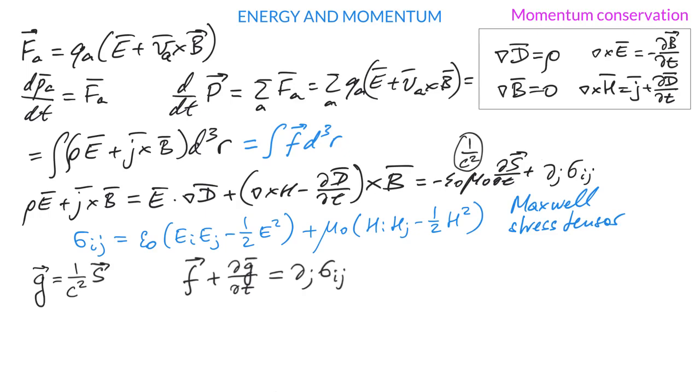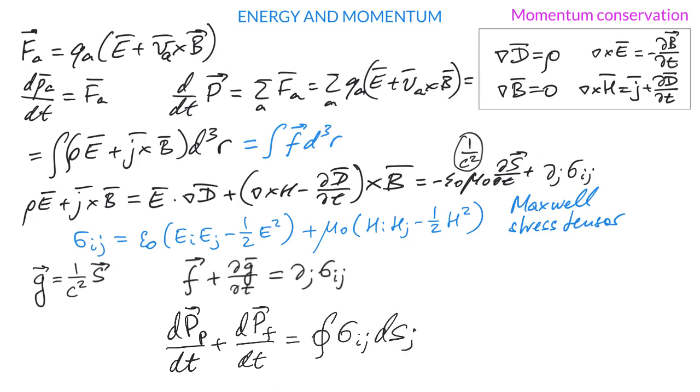So the left-hand side will then be the rate of change of the momentum of the particles imparted to them by the Lorentz force, plus the total change of the momentum of the electromagnetic field. And the right-hand side is the surface integral of sigma ij dsj over the surface enclosing that volume, so that the change of the total momentum inside the volume is balanced by its flow across the surface.